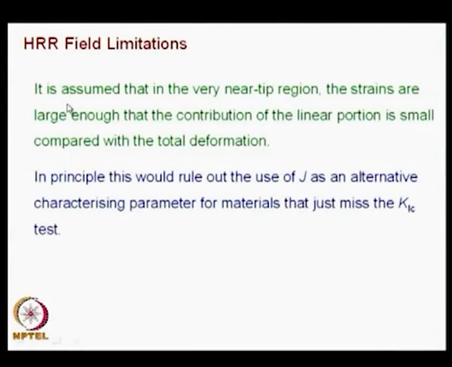Instead of leaving it with a doubt, people also developed another type of codes where you have to do a little more exhaustive measurement. If K1C fails, then at least you could report CTOD or J. If you have to do that, then the assumption that in the near tip region the strains are large enough that the contribution of the linear portion is small is strictly not applicable, but we keep doing that.